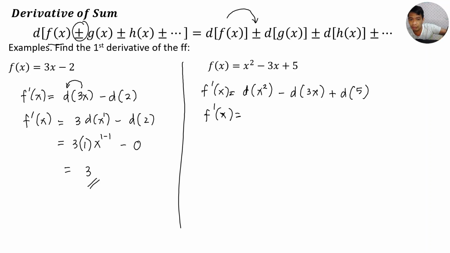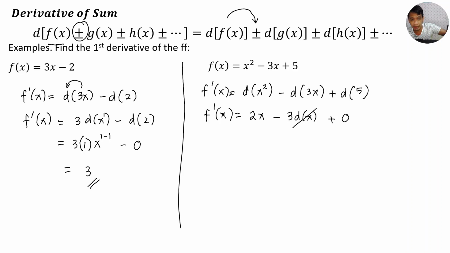So what we do in the power formula is the exponent goes to the front, then subtract 1 from 2. So that is x to the 1. Minus the derivative of 3x, that's 3 times the derivative of x. Plus the derivative of 5 is 0.